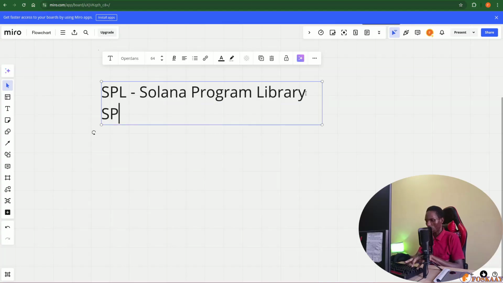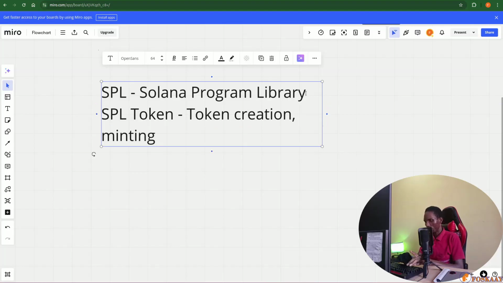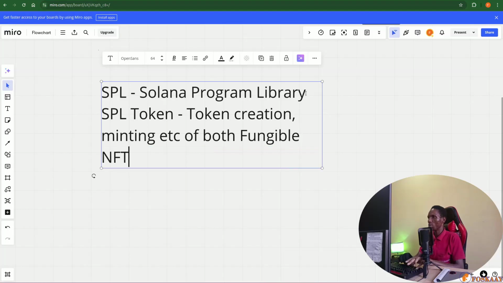So when you are talking about the token, that means you are referring specifically to the SPL program that deals with token creation, minting, etc. of both fungible and non-fungible token on Solana.